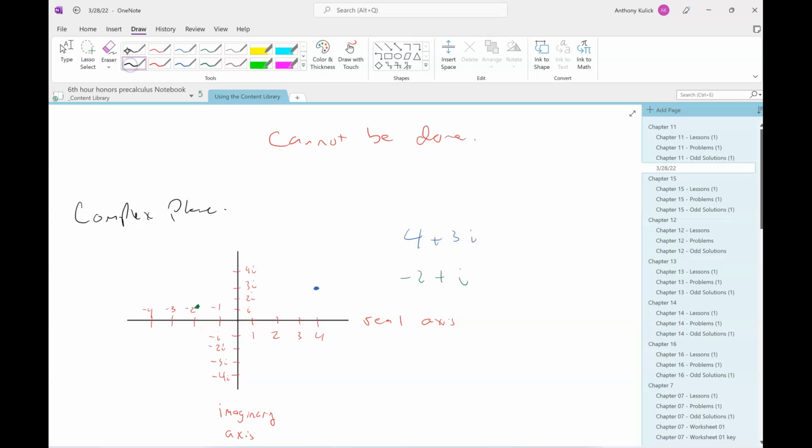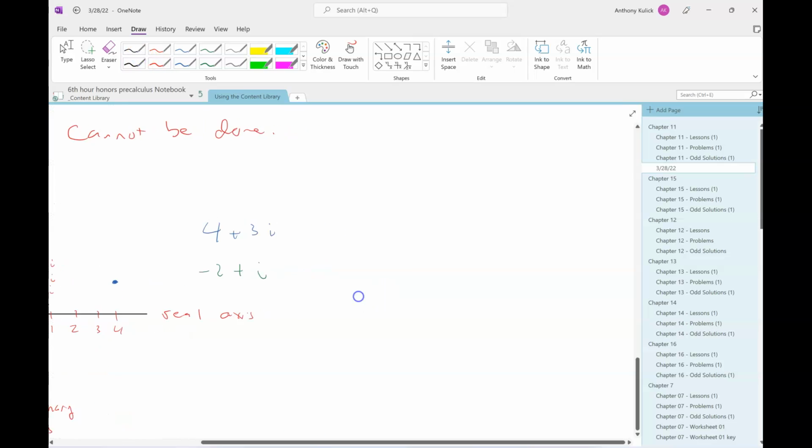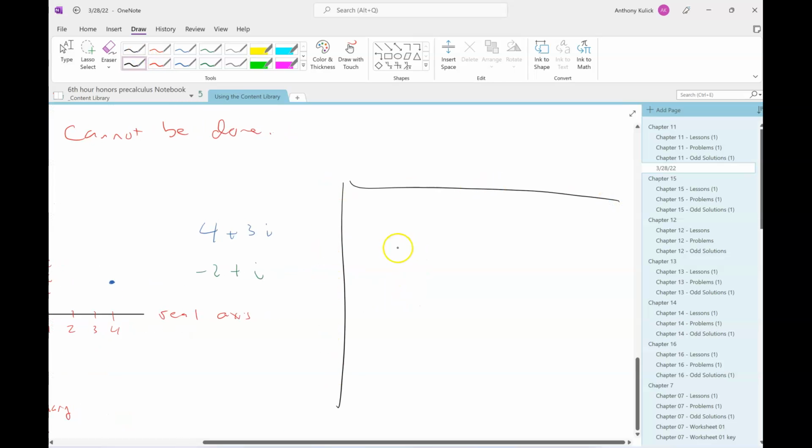So if we think back to what we did with real numbers, when you're first learning arithmetic, like adding and subtracting, how did you learn adding and subtracting with real numbers? Use the number line, right? Like if you had 3 plus 2, you counted 1, 2, 3, and then you counted 2 more spaces.